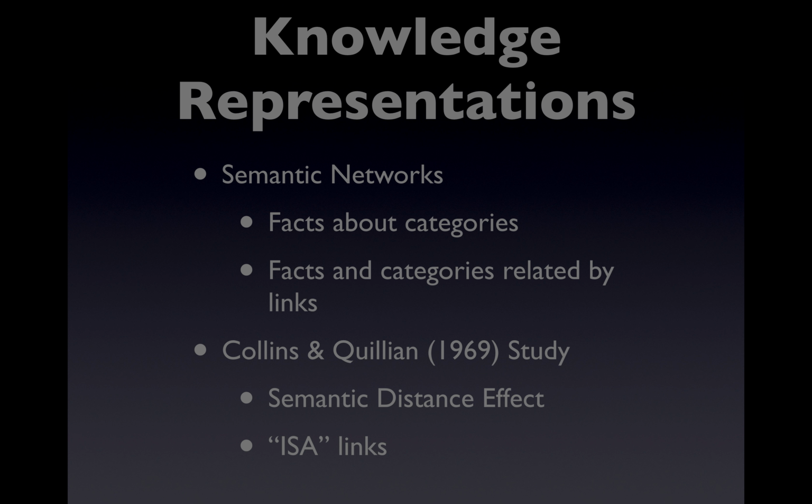And it's really kind of a remarkable finding that reveals something about the structure of our knowledge representations, that we seem to have this hierarchy and we have this efficient storage of information at different levels of the hierarchy. You store information at the level where it has the most impact, where it applies the most broadly.